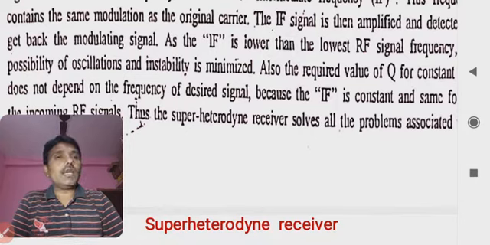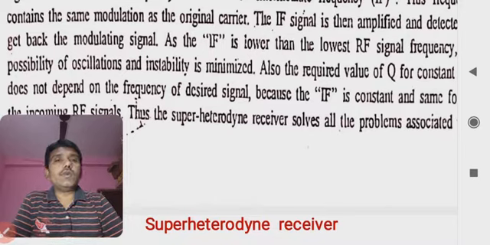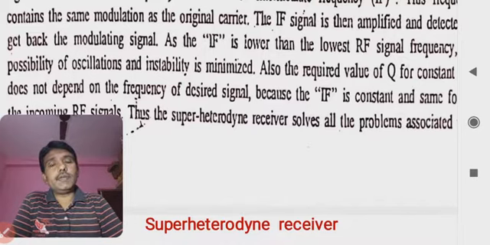With this lower frequency, the possibilities of oscillations and instability are minimized. Whatever be the instability and the band variation, it is minimized at that stage due to this IF.